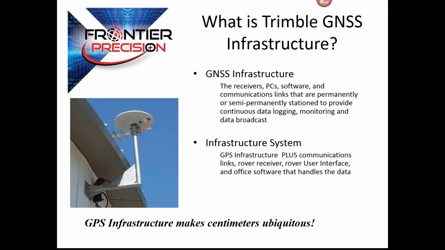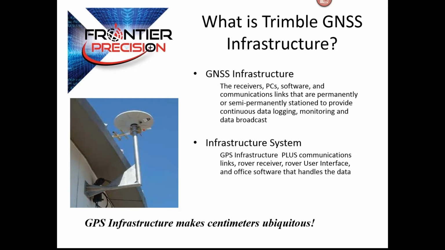So there are different components to infrastructure. What is Trimble GNSS infrastructure? Well, GNSS infrastructure is the receiver, the PC, the software, and the communication links that are permanently or semi-permanently stationed to provide continuous data logging and monitoring for users in the field, those geospatial users.